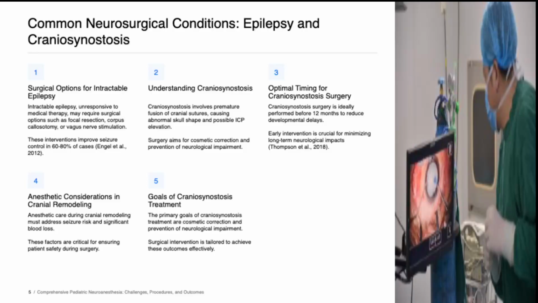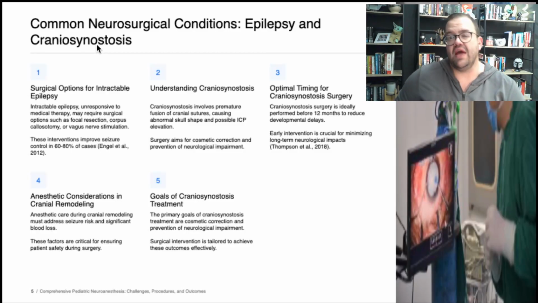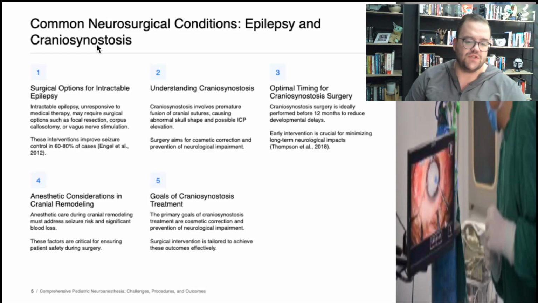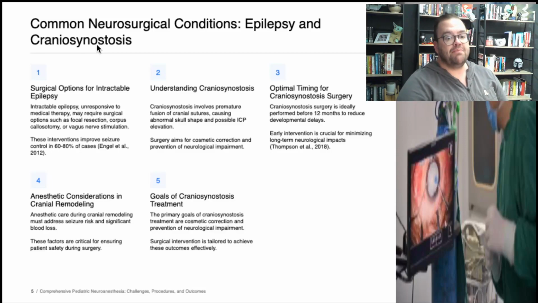It could be corpus callosotomy or vagus nerve stimulation. And for intractable seizures, the use of these surgical procedures can be incredibly helpful and can reduce seizures in up to 60% of patients. To be honest, not something that I've much experience with in children.